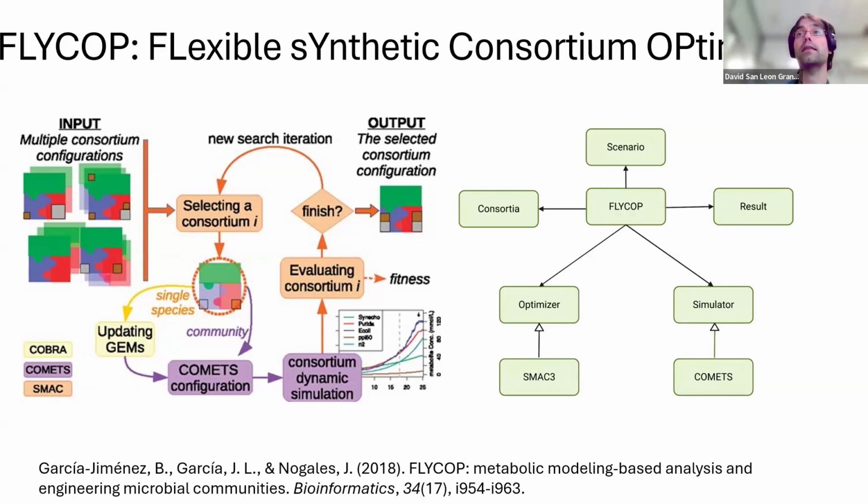And SMAC, the third element of the pipeline, is an optimization process that tries to identify the best ones to increase the goal, which in general is the production of your metabolite. It is continuously a loop, limited by the number of times that you want to search, and at the end you obtain the best configuration based on the fitness.